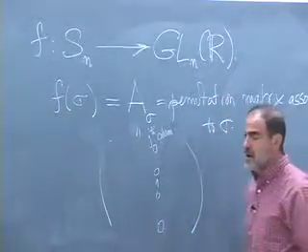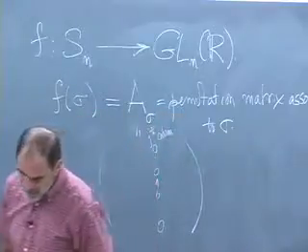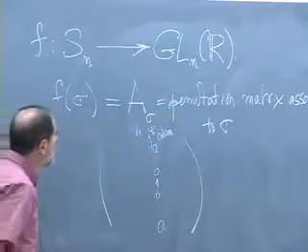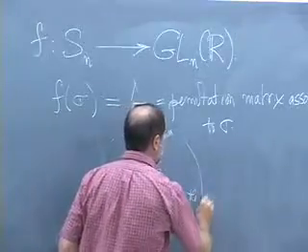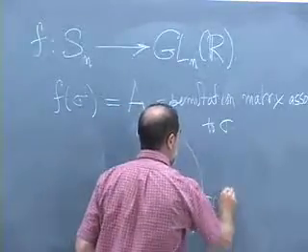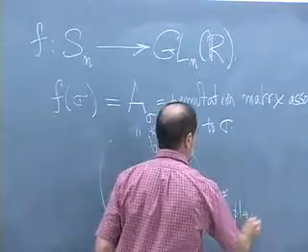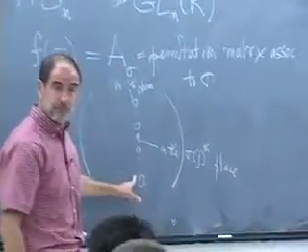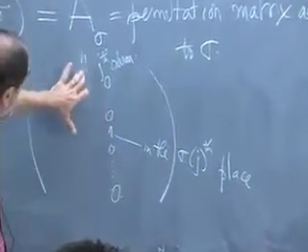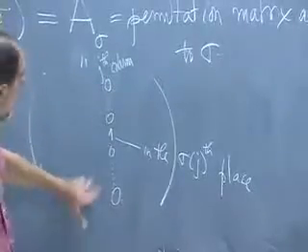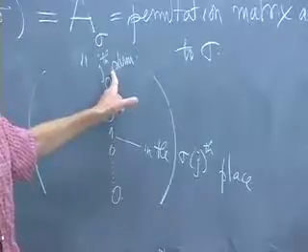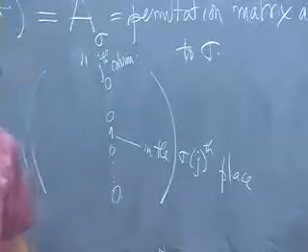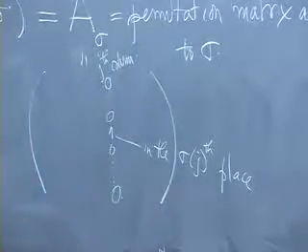And the 1 occurs in the place that sigma takes j to. So this occurs in the sigma of jth place in this vector. So each column is all zeros and a 1. And the 1 tells you where the permutation takes j. I'm going to do an example so you see this, because in this notation it can be a little confusing.